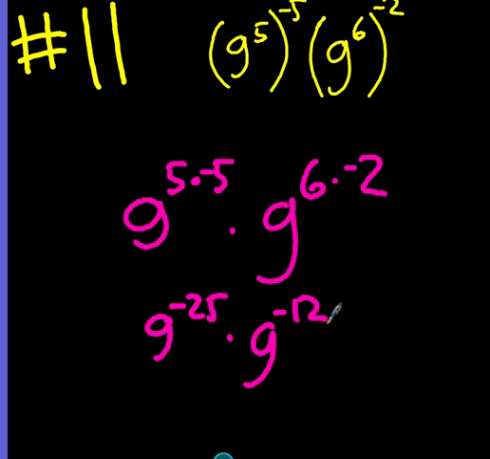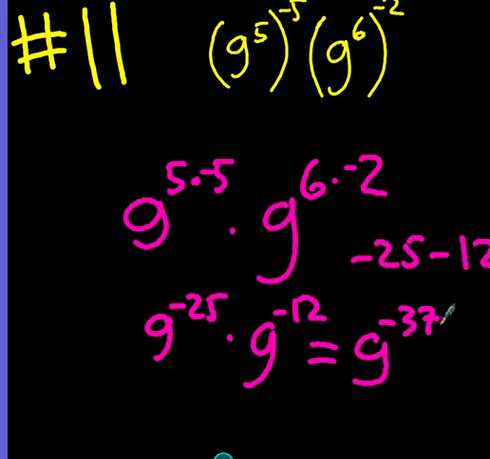Now I'm multiplying those two numbers. So originally it was power to a power, now I'm multiplying, and so that's going to be g, let's see, what's negative 25 minus 12? Plus negative 12 if you wish, but it's still the same thing. That's going to be negative 37. So there's the last one. There you go.